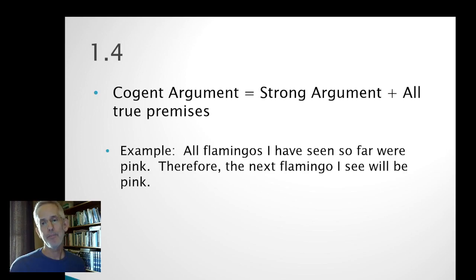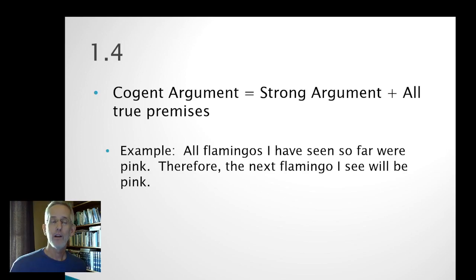So the raven example I gave you, the first one, I've observed one raven, therefore all ravens are black. That's not a cogent argument because I don't have strength. I'm lacking enough observations. It might be true that I observed one raven, so the premise is true, but I've only seen one raven, so it lacks strength.